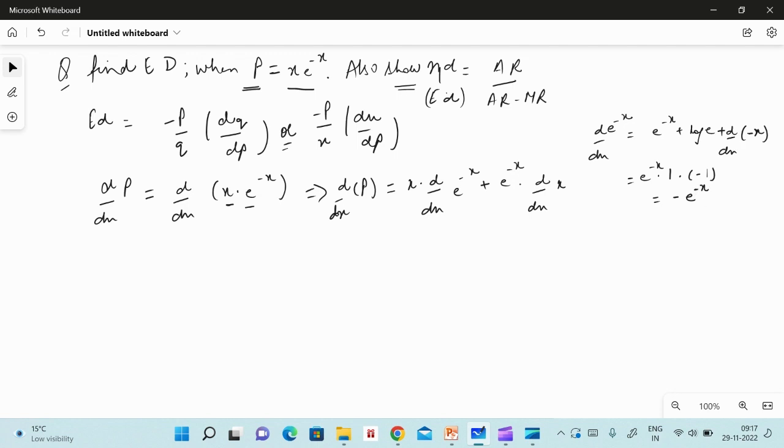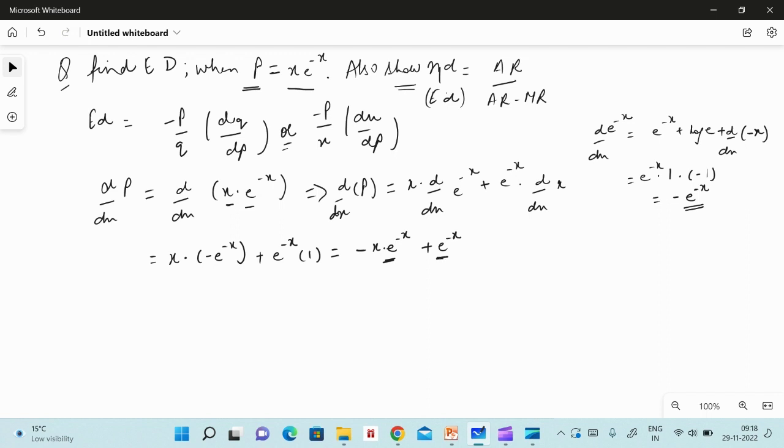So this gives me minus e power minus x as the value. If I put this value here, I will get x into minus e power minus x plus e power minus x, and the derivative of x is equal to 1. So we finally get minus x into e power minus x plus e power minus x.